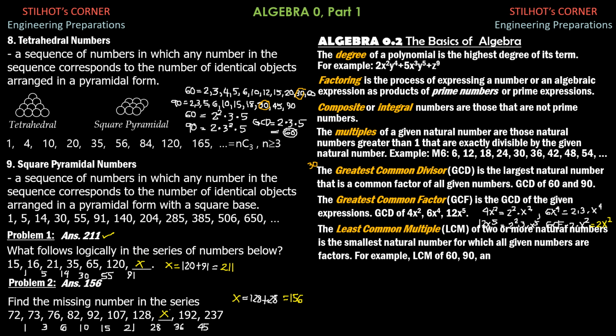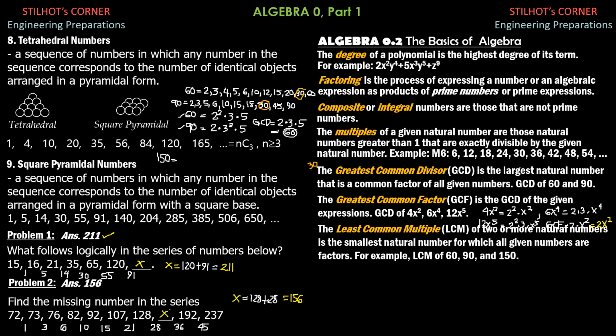I'll put the solution here. We already completely factored 60 and 90. I'll just factor 150 completely, and then find the least common multiple.